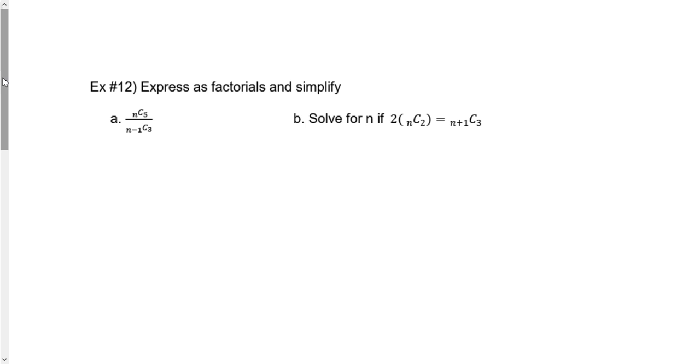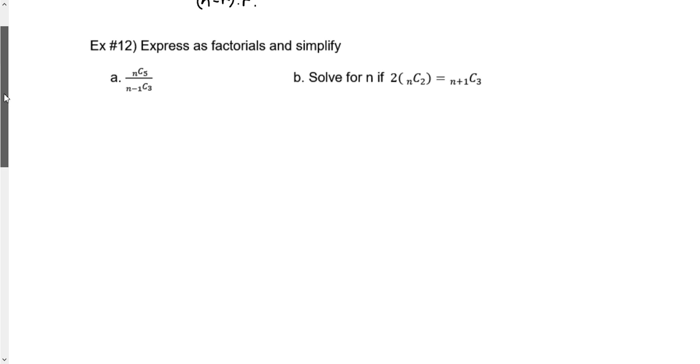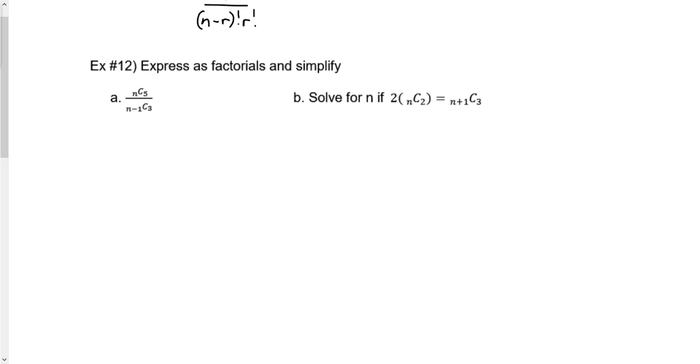Now we get into kind of the harder nitty-gritty stuff. I'm going to get into that form, understanding that the combinations are n factorial over n subtract r factorial, where the n is whatever is on the left-hand side of the C, and the r is whatever's on the right-hand side. So if we have a question like this, it's going to look like an n factorial over n subtract 5 factorial.